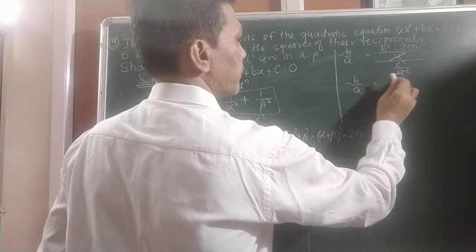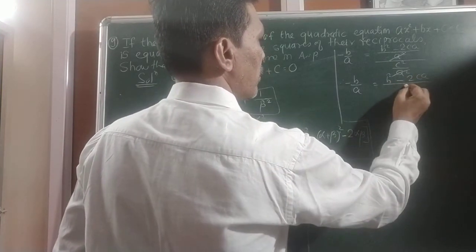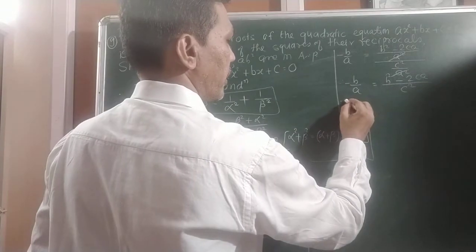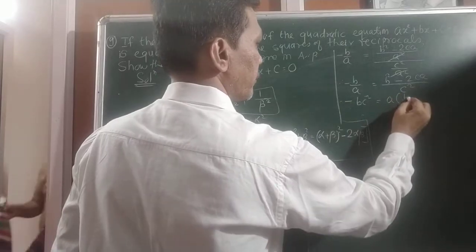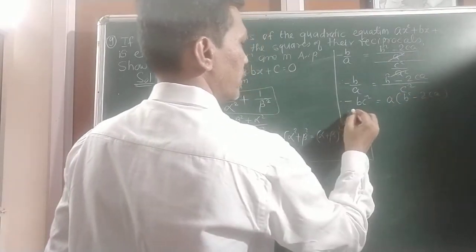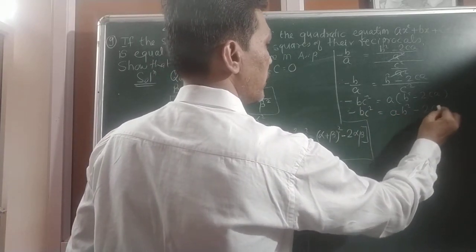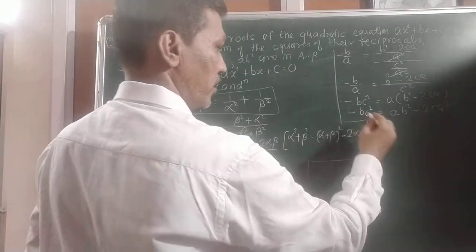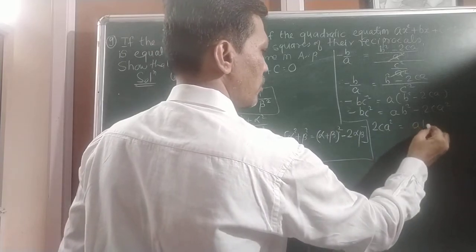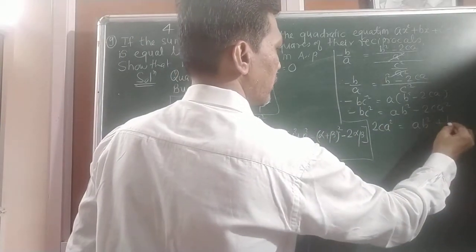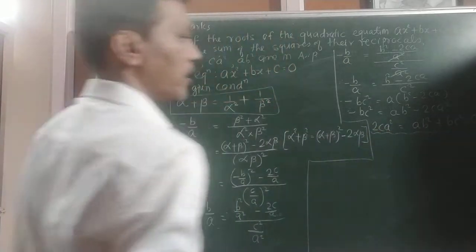Minus b upon a equals 2ca upon c square. Now cross multiplication: minus bc square a, b square minus 2ca square. Now take ca square this side, minus becomes plus: 2ca square is equal to ab square plus bc square. Till here you stop. This is called statement number 1.